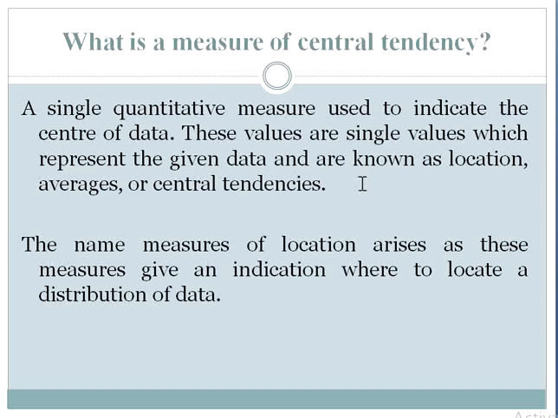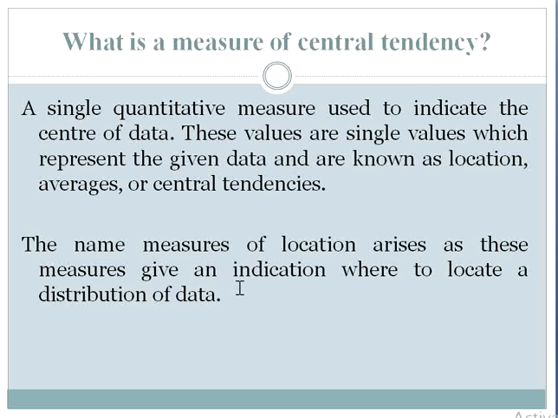The central point of the data represents your data in a very good manner, and it is the most important point which we extract from the data and which represents the whole data in a single numerical value. The name measures of location arises as these measures give an indication where to locate the distribution of the data.